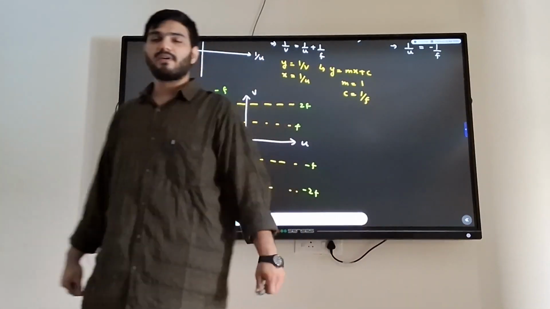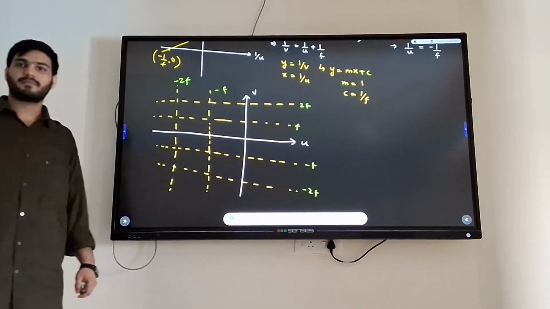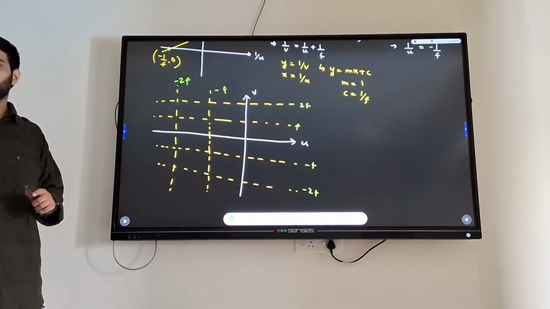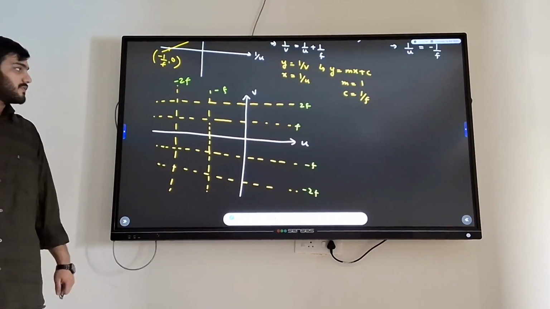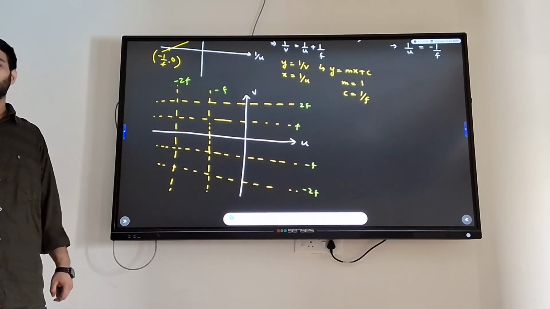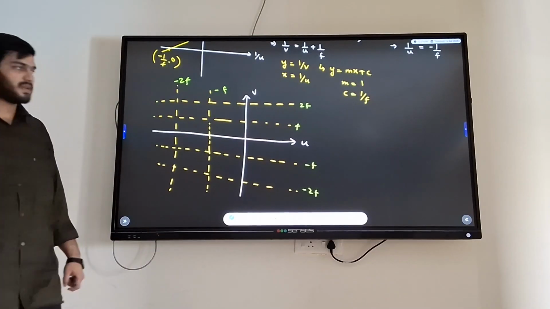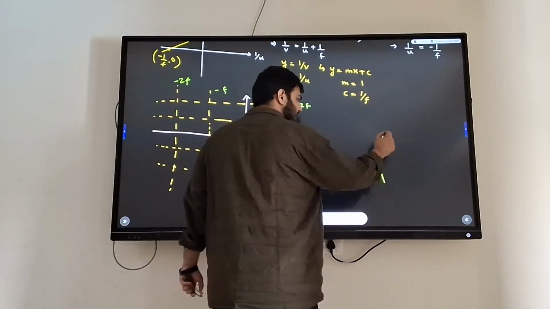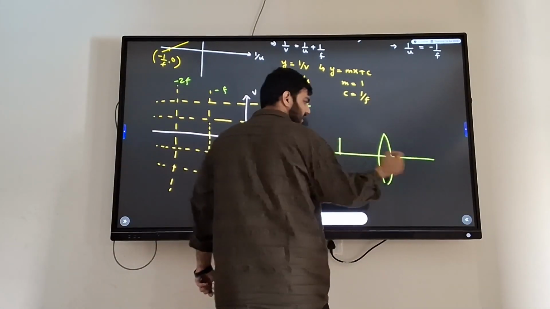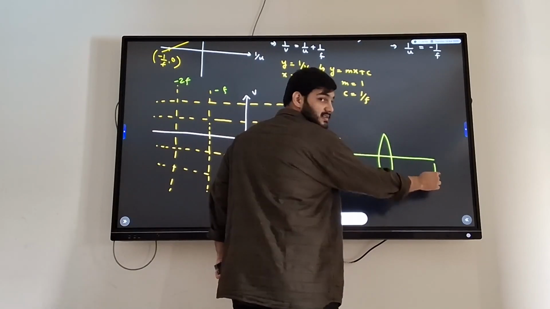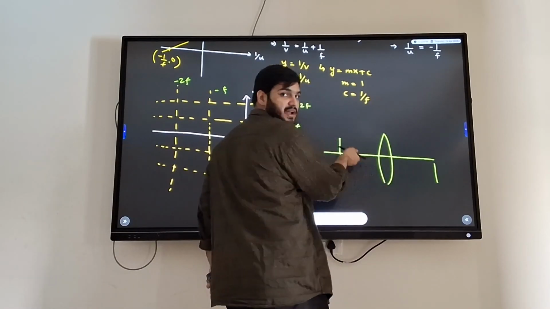So tell me, is the value of u minus 2F or plus 2F? Minus 2F. What about the value of v? Will it be plus 2F or minus 2F? Plus 2F, because if I have a lens here and I place my object here, then the image forms here. So it's plus. This is minus.